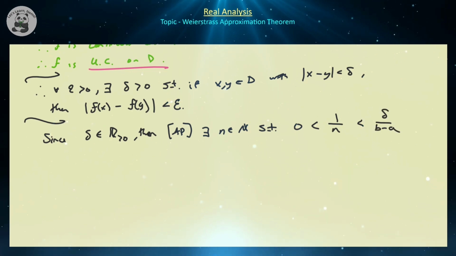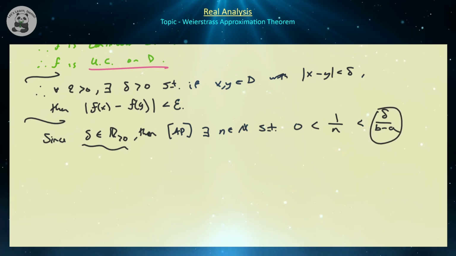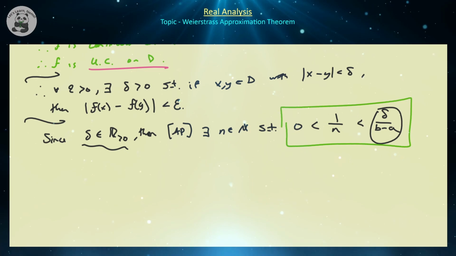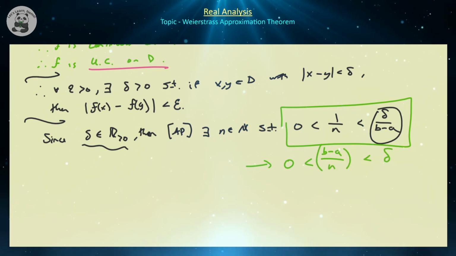Now, I know I'm just focusing on delta in the precursor of this statement, but b minus a is a real number, and notice b is greater than a, so that's also a positive real number. So I can use my Archimedean principle on the number delta over b minus a if I desire. If I rearrange this existence statement, that means that 0 will be less than (b minus a) over n, and that's going to be less than delta.